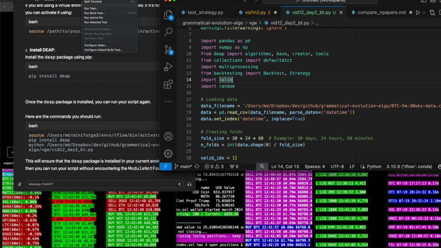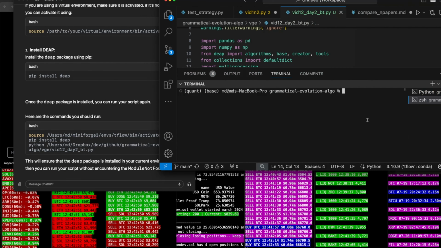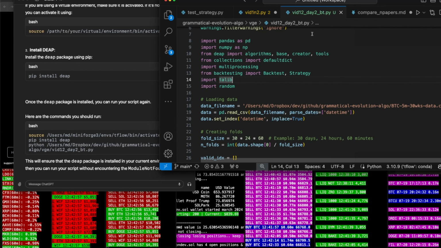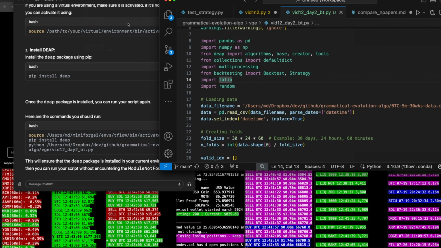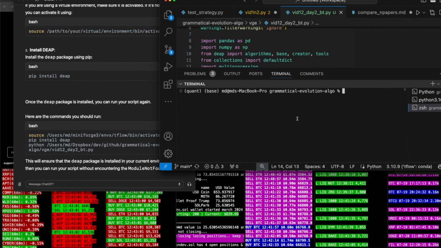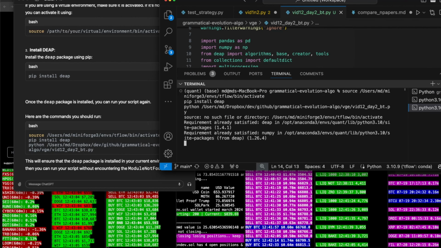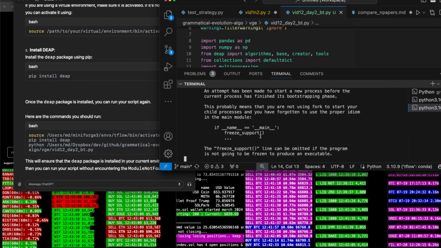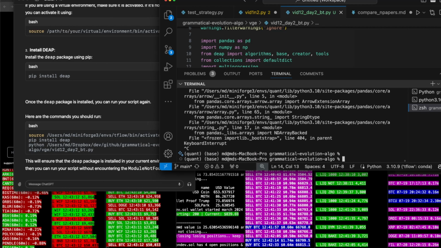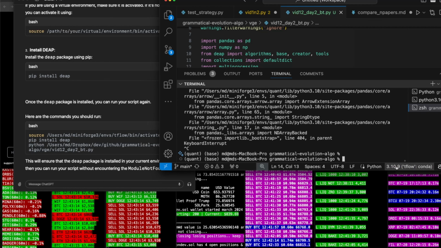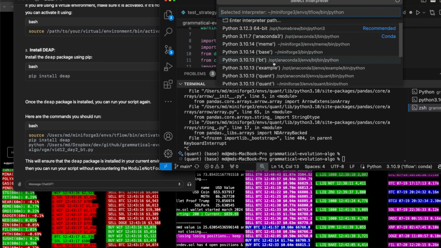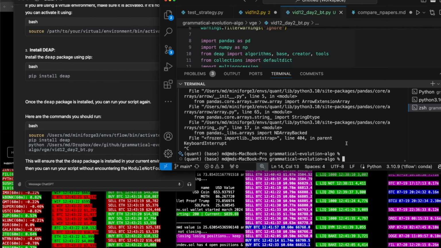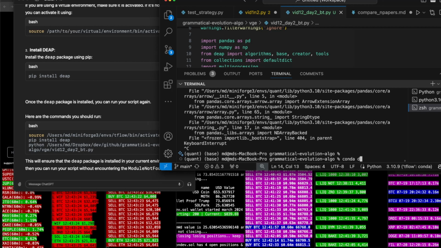It says it's going to activate some stuff. Conda deactivate.